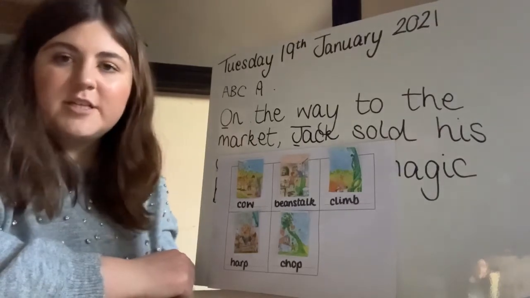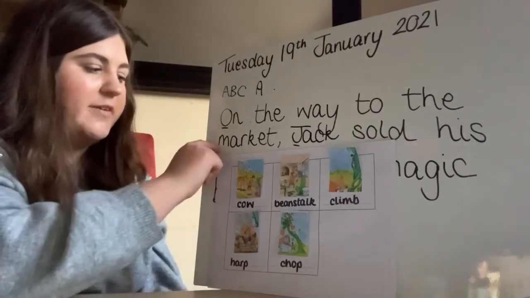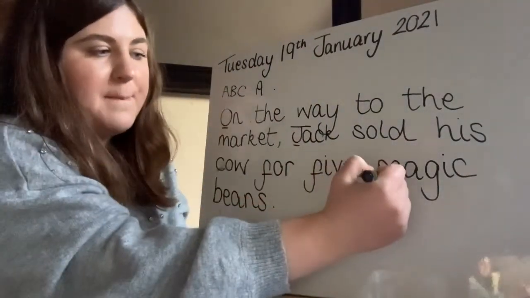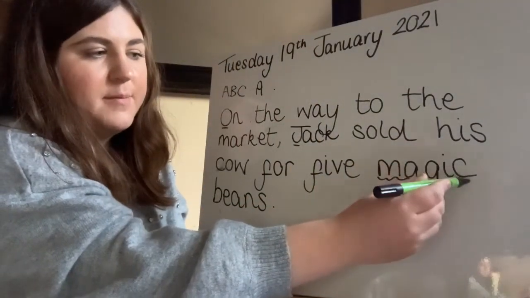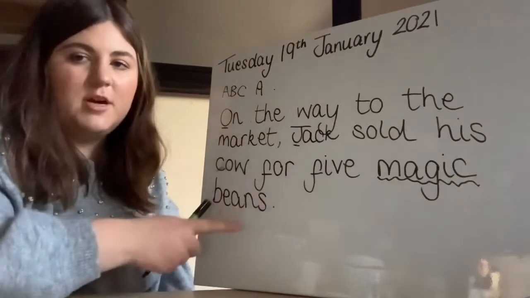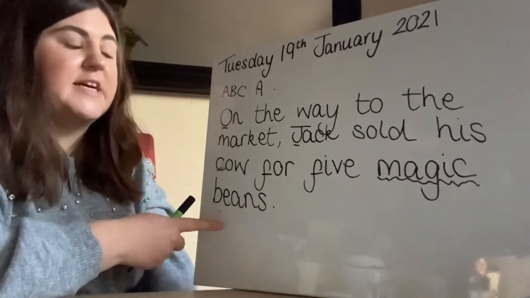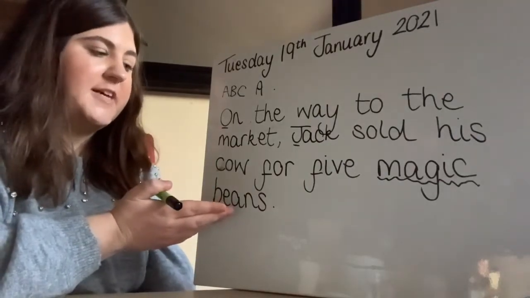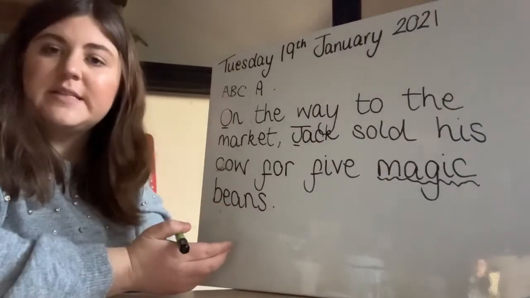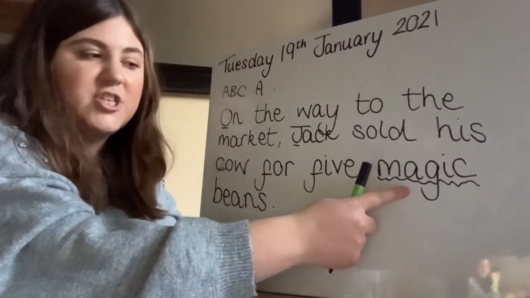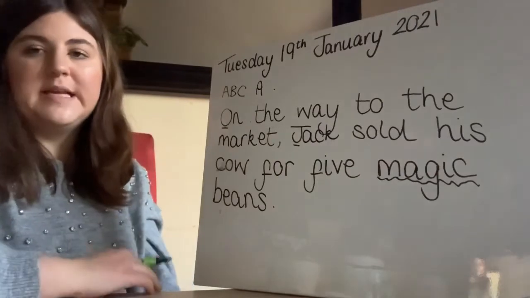Also guys, we're very good at these. You could use adjectives. I've used an adjective here. I've used the word magic, because magic is describing the beans. They're not just beans. I could have just said, on the way to the market, Jack sold his cow for 5 beans. But I included an adjective, magic, to describe the beans.